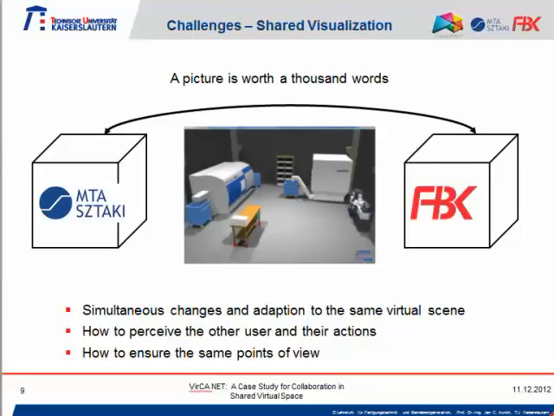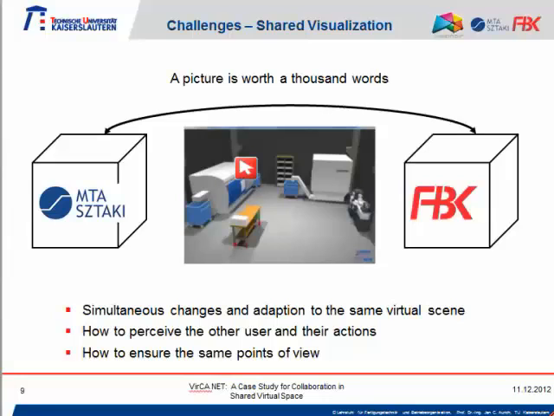As shown in the slide, a picture is worth 1,000 words. It's very easy for each planning participant to understand when I talk about this machine and this corner of the room, in comparison to describing with email which special point of the production layout I mean.